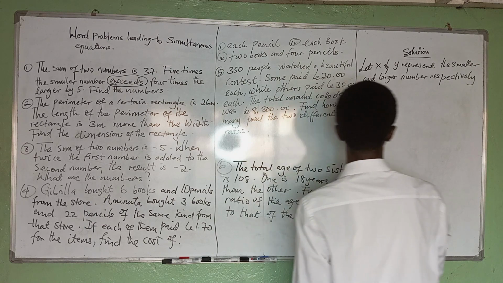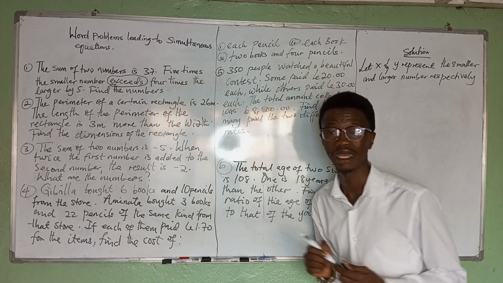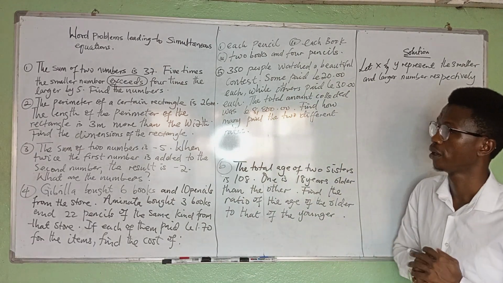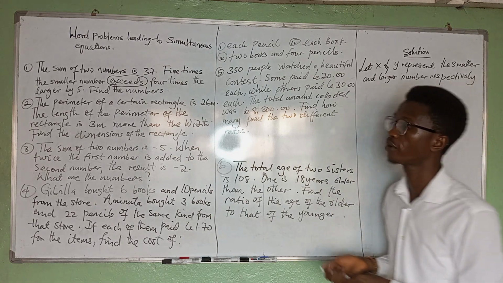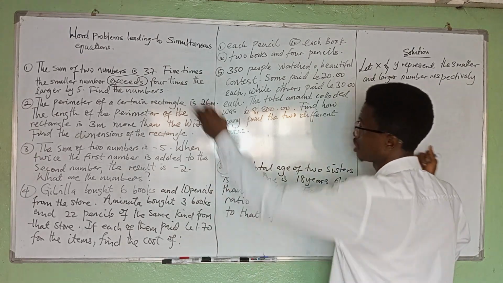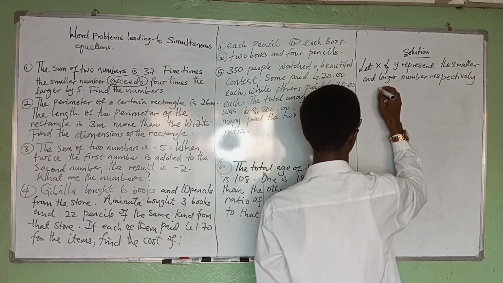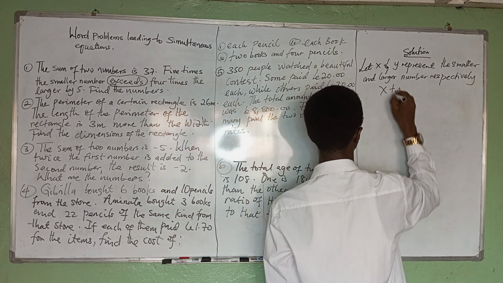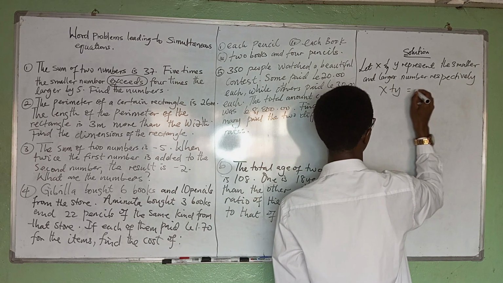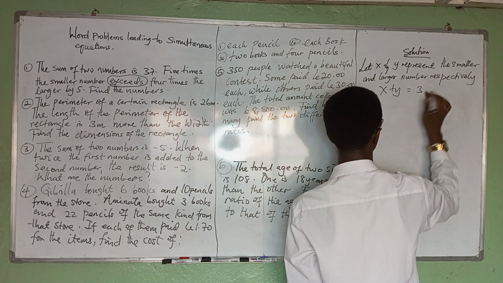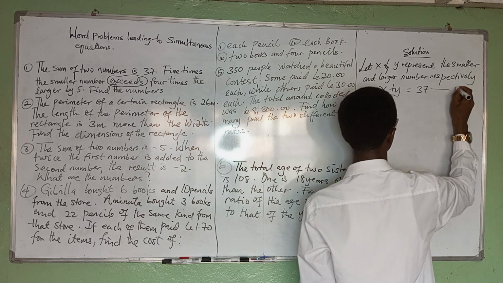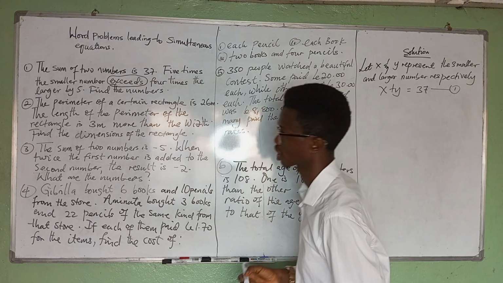So the smaller number is x and the larger number is y. The first part says the sum of 2 numbers is 37. Is means equals sign, and sum is plus, so x plus y equals 37. This will be your equation 1.